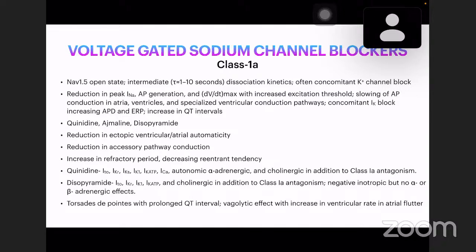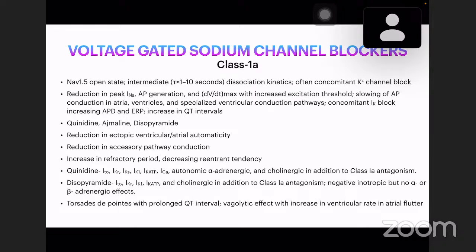It also decreases the inflow of potassium, increasing the action potential duration and ERP. By this potassium blockade, it also increases the QT interval. These drugs include quinidine, procainamide, and disopyramide. All these drugs can cause prolonged QT syndrome.